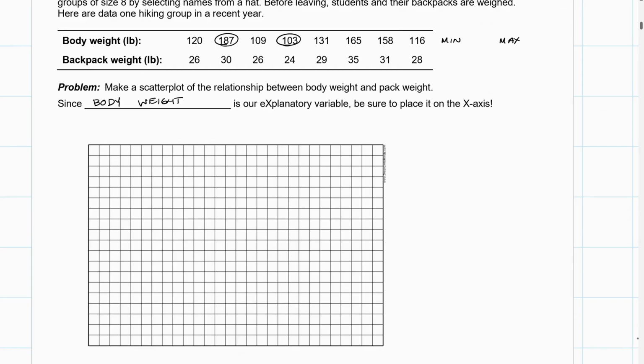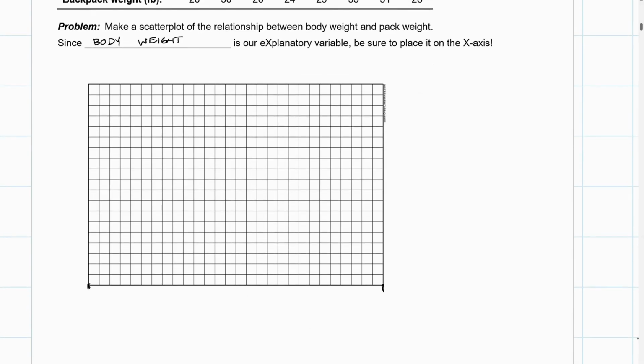So I need to think about how to lay out my scale on the horizontal axis so I get all the numbers between 103 and 187. I'm going to try starting at 100, and let's say every two ticks is going to be 5. So this would be 110.